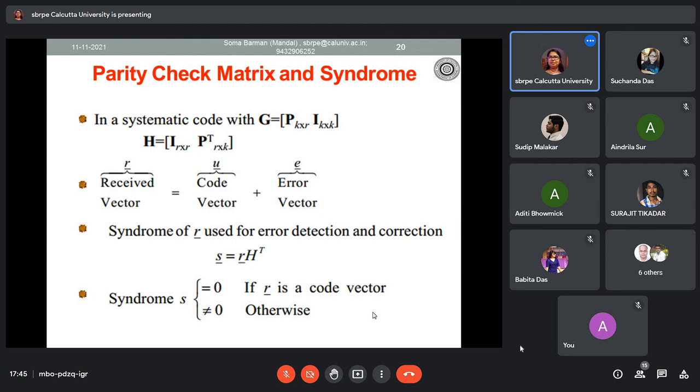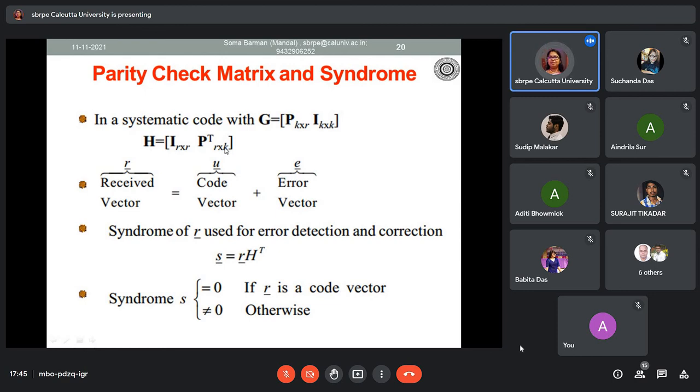In a systematic code, G is the parity matrix followed by the I matrix, and as the rows of G and H are orthogonal, H will be the I matrix first, then the P transpose matrix, because rows are transformed into columns.